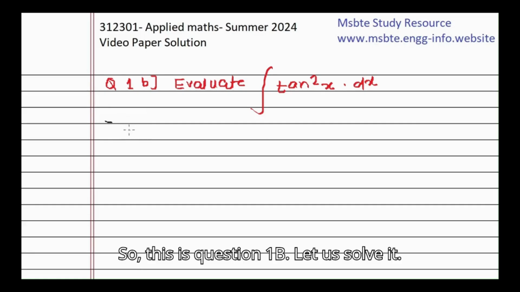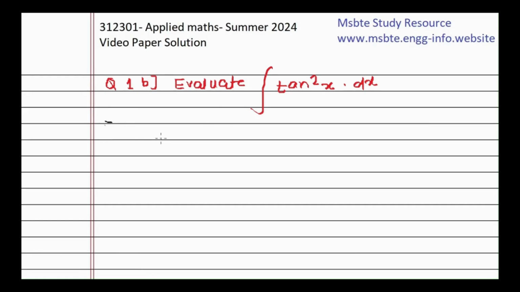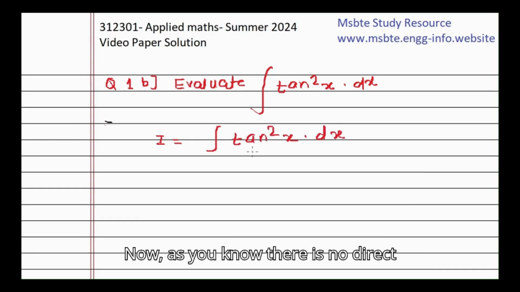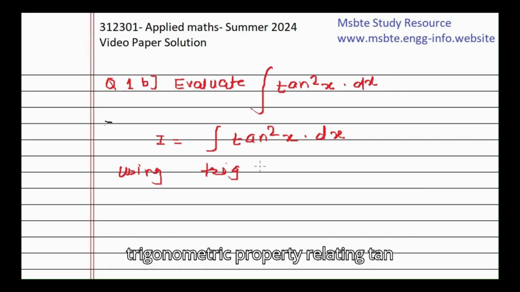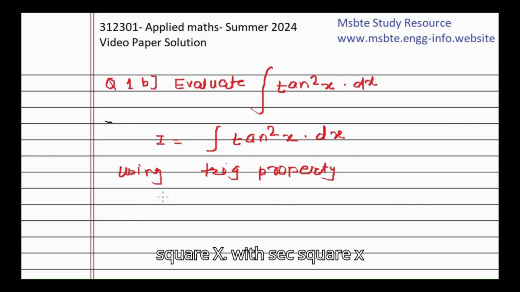So this is question 1b. Let's solve it. We write it as an integral I is equal to integration of tan square x. Now, as you know, there is no direct formula for tan square x. We use trigonometric property relating tan square x with sec square x.